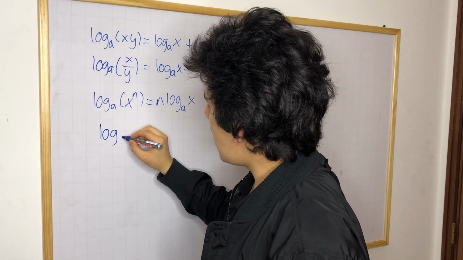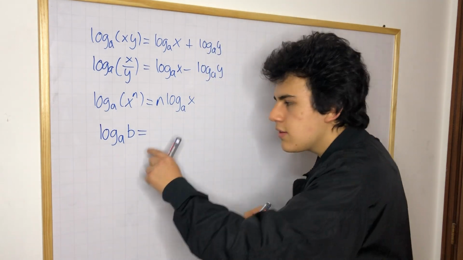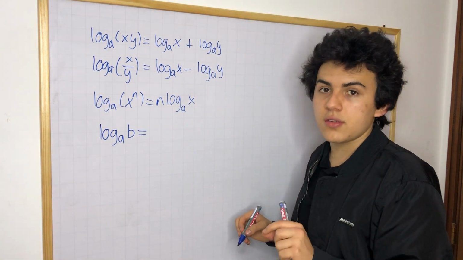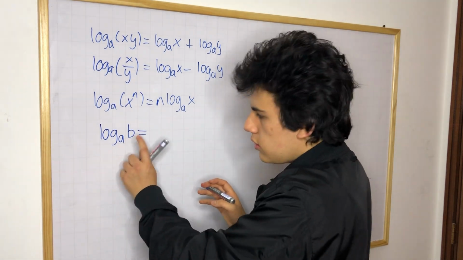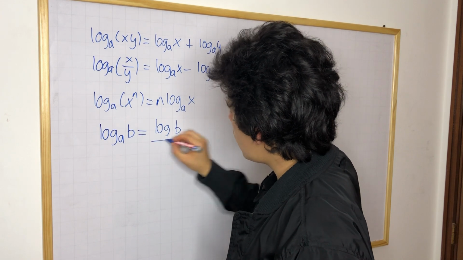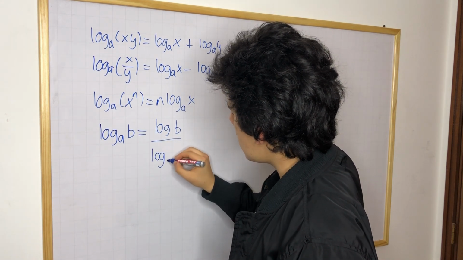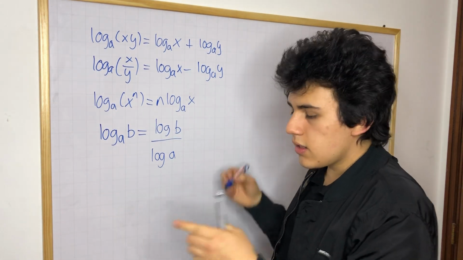Log base a of b is going to be equal to, now this rule is very important for equations, because if you want to change a for any number that you want, you're going to do the following. You're going to say log b over log a. And now, see, I'm missing the base. Well, you can put in any number that you want.